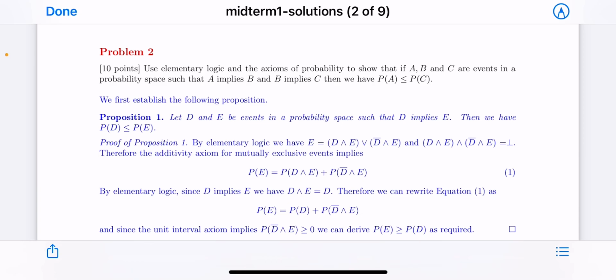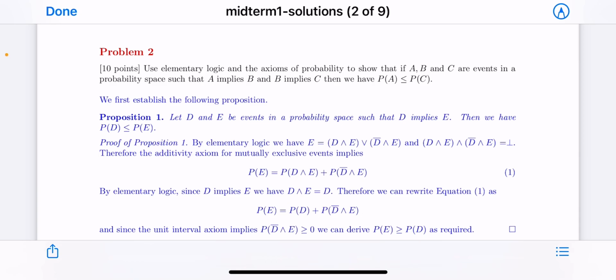Okay, so how do you find your way through the maze of symbols to derive what you're asked to derive from the axioms of probability? Well, what I would first do in looking at this question is to see to myself that whichever nasty person wrote it is trying to trick me a little bit with this double implication thing.